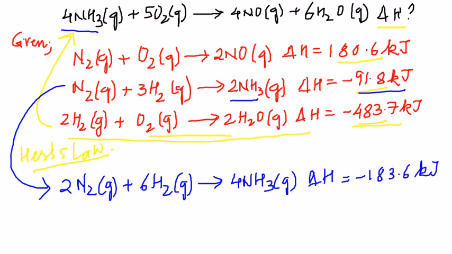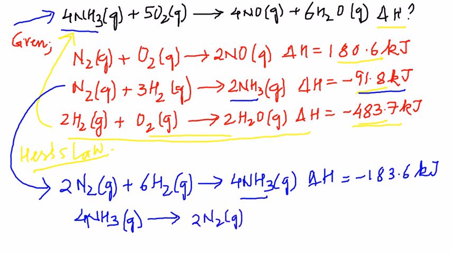Now if you look at this equation, you see 4NH3 is actually on the right side of the equation, and you need to take it to the left side, because in the equation given to you out here, it's on the left side. So basically you want to flip this equation around. All I'm doing is taking the products and making them starting materials, and taking the starting materials and making them into products.